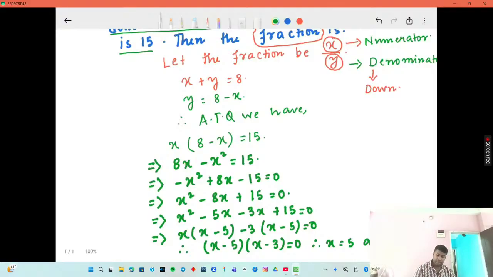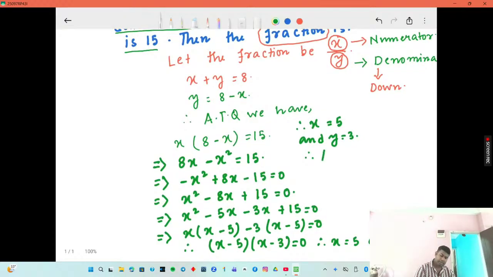Therefore, now if we take the value of x as 5, then the value of y will be 3. And if we take the value of x as 3, the value of y will be 5. So what will be the fraction?